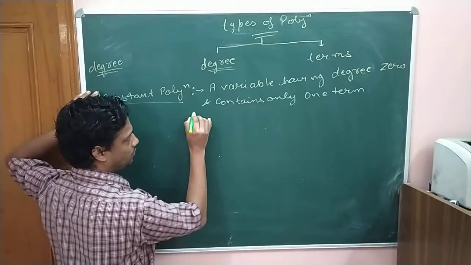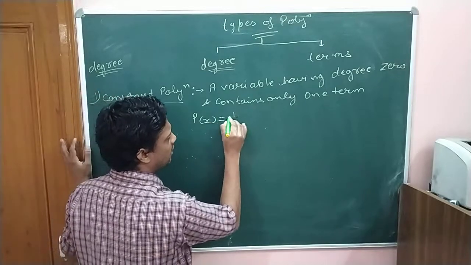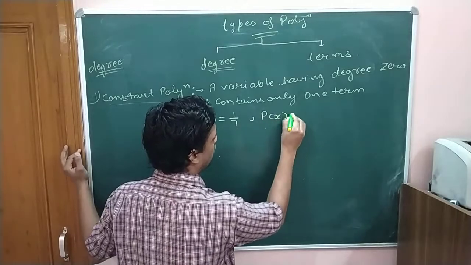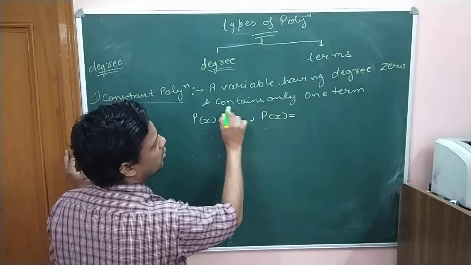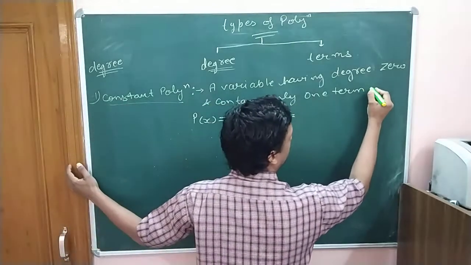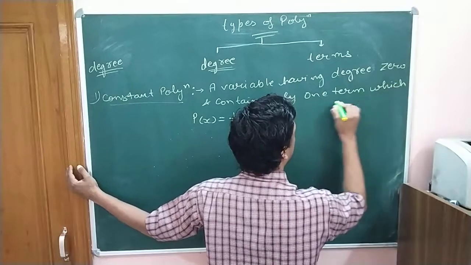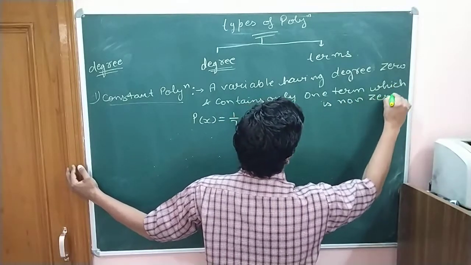For example, P(x) = 1/7. It contains only one term which is non-zero.